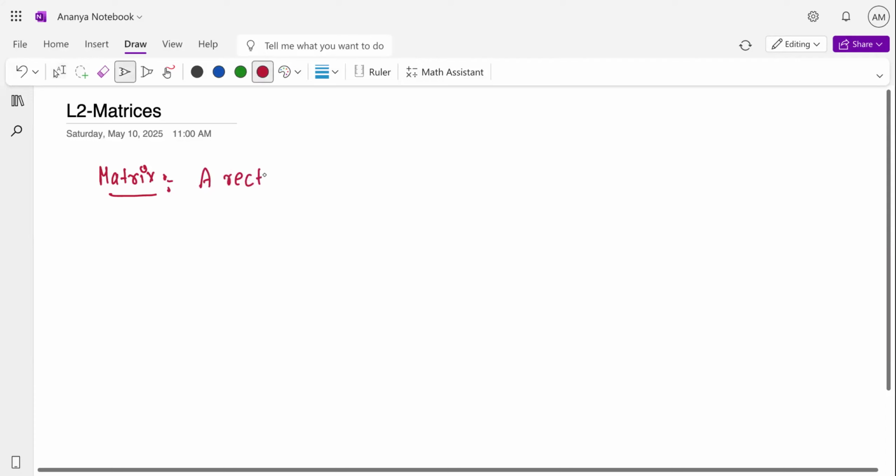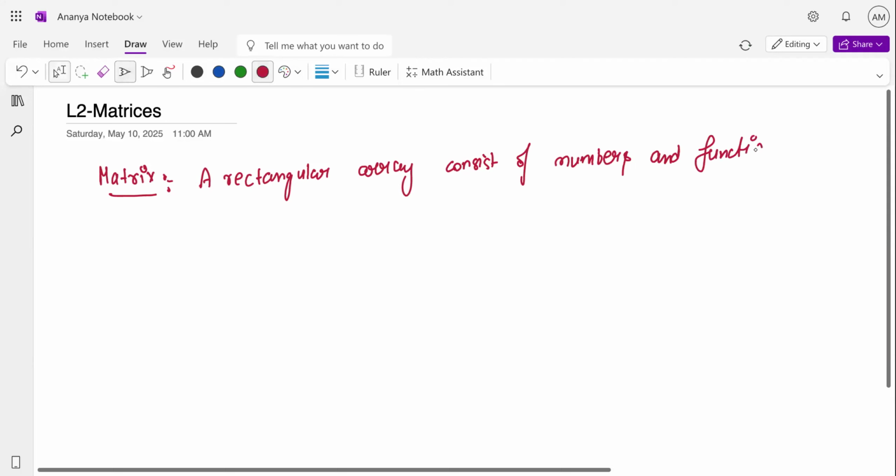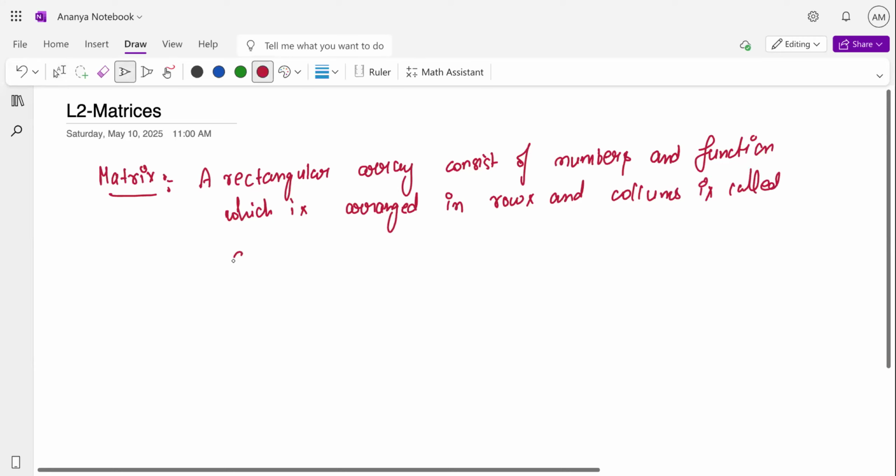A rectangular array consisting of numbers and functions arranged in rows and columns is called a matrix. Okay, so this is the definition of it.